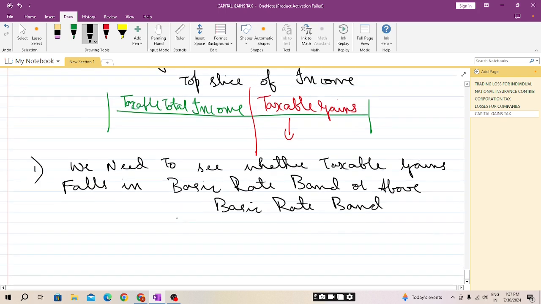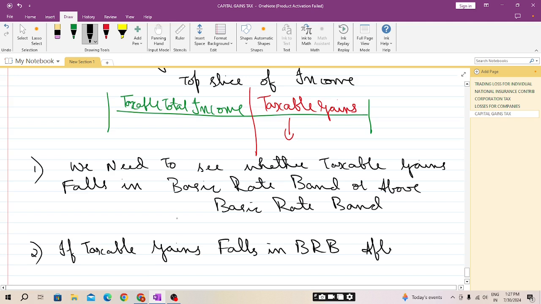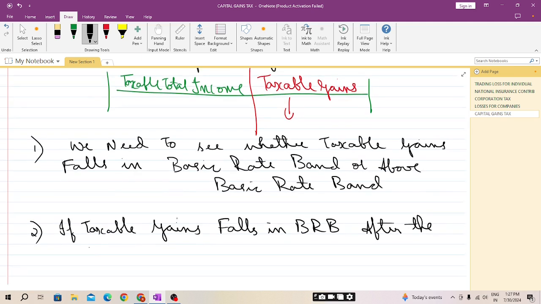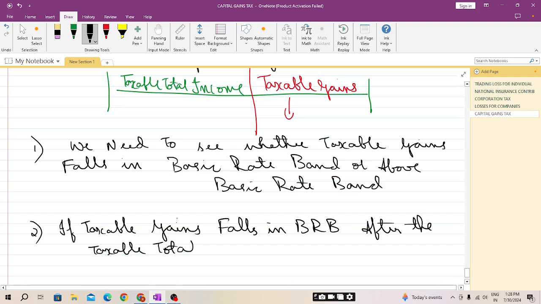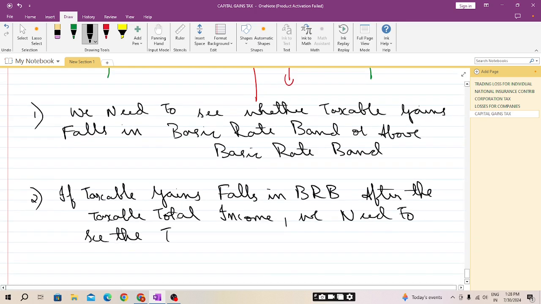If the taxable gains fall in the basic rate band after the taxable total income, students, please do keep in mind, then we need to see the type of asset disposed.